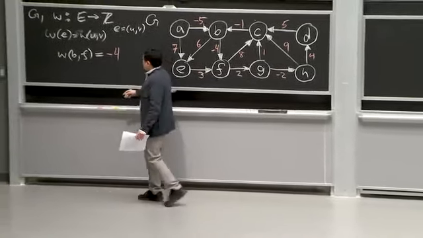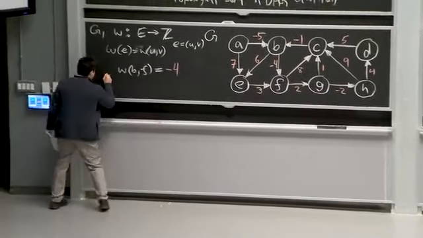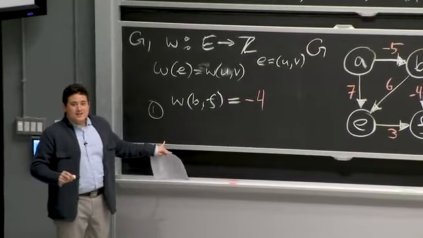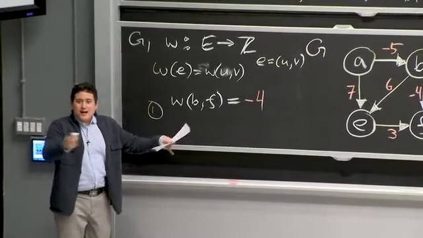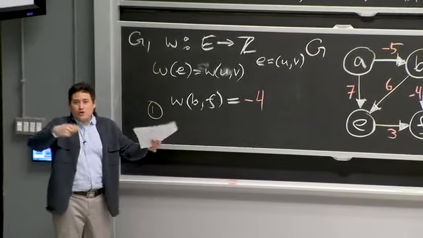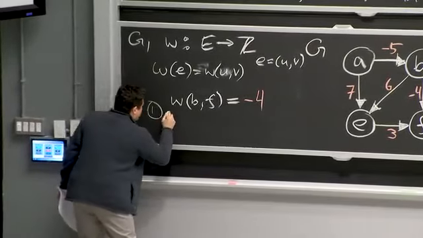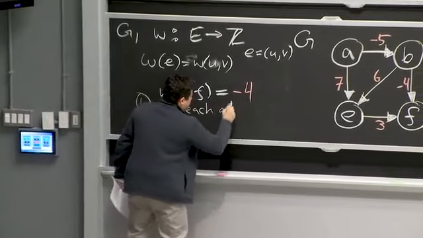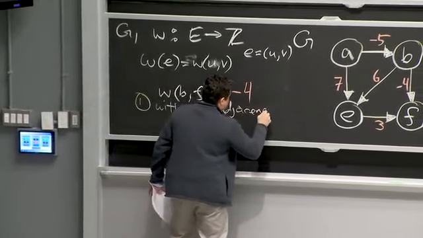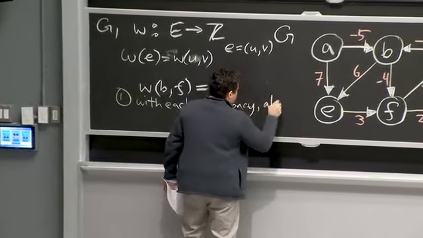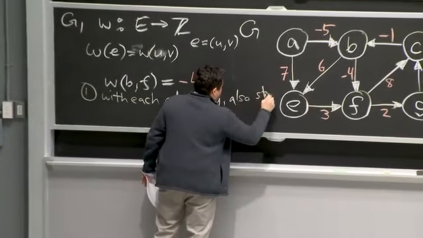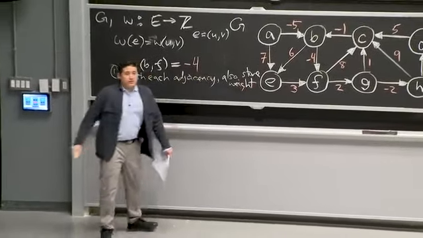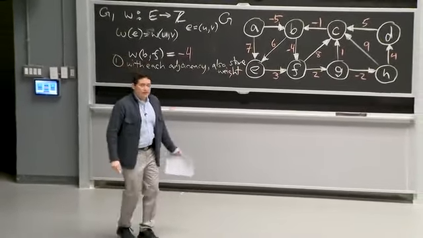There are two common ways to store these weights. One is, with every adjacency, I'm going to store the weight of the edge that it corresponds to, maybe just in a tuple.